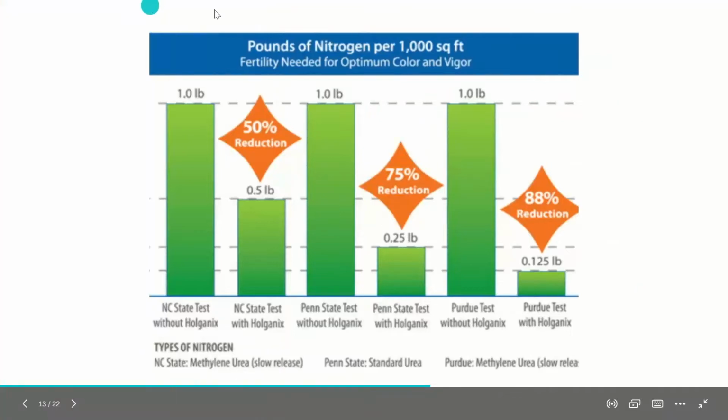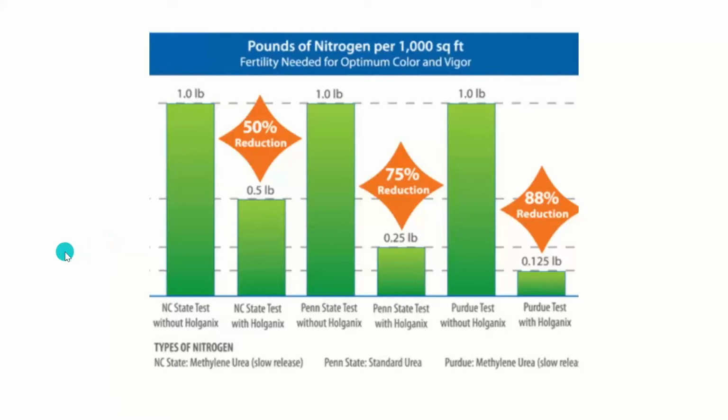Here's an example, and we've used this university study quite a few times, and this is actually just a sample of some of the samples of the university study on fertilizer efficiency. So we're highlighting NC State, Penn State, and Purdue in this one, but you can see when they're judging on optimum color and vigor, which when we were talking about lawn care or turf, that was a primary point of focus.